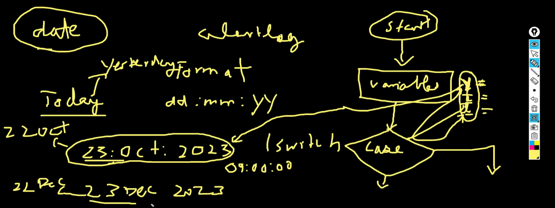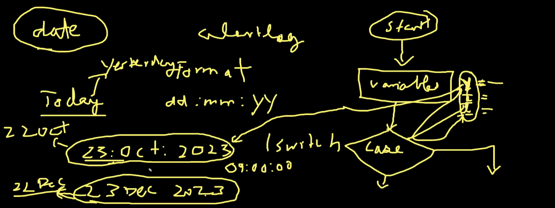So if my today's date is 23rd December 2023 inside this variable, then from this date minus 1, which means 22nd December. So we don't need to manually control all these things. Automatically, if I just give a value inside this, it will take yesterday's date. That's it, from today's date.